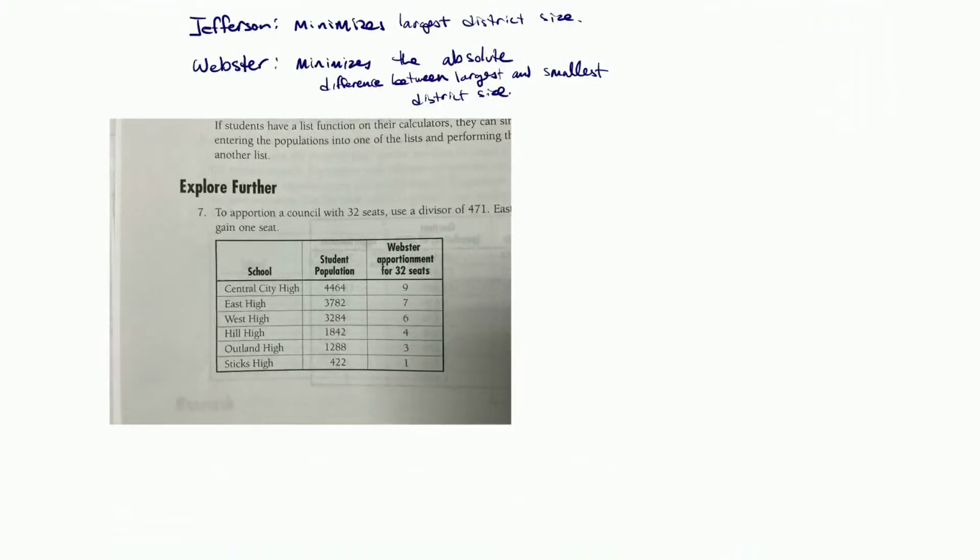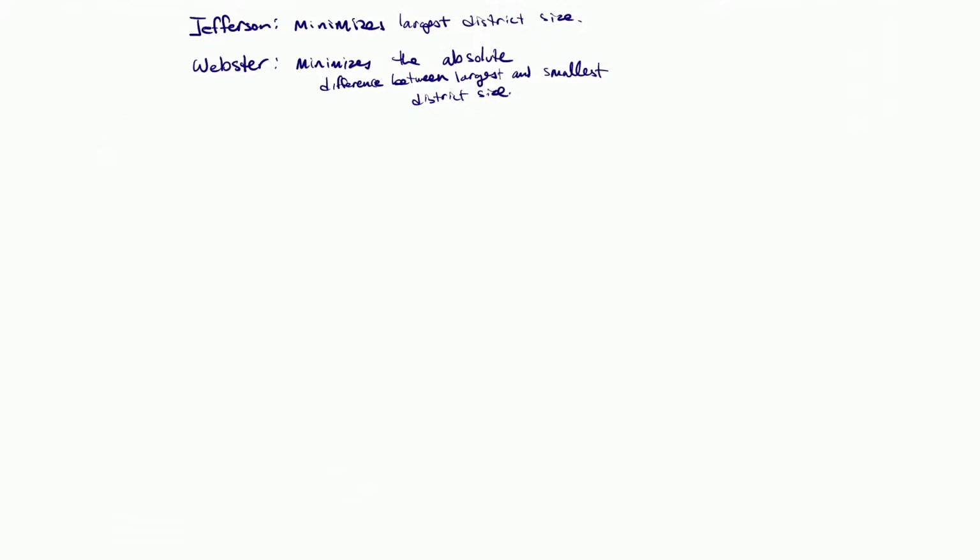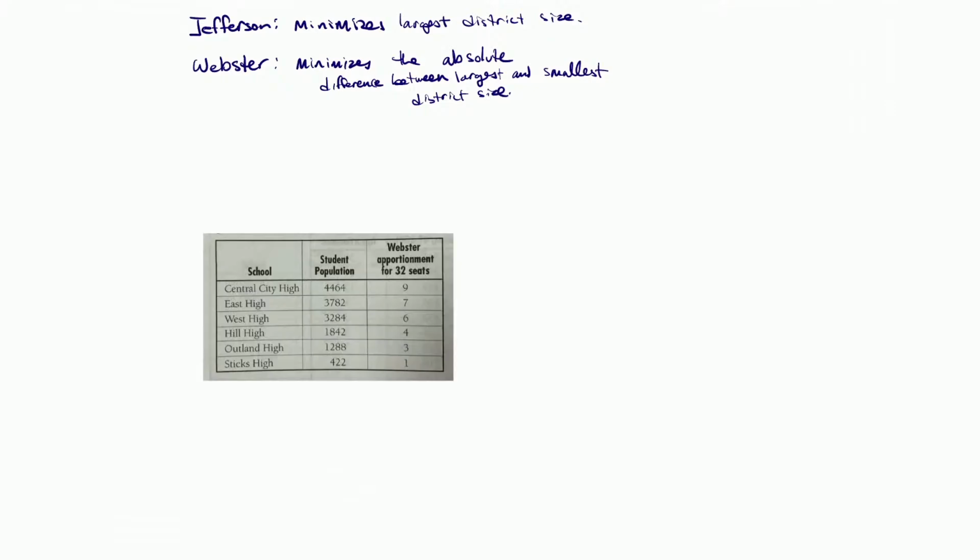This is the answer to one of the questions on page 94 using Webster's method. So here's what it means to minimize the absolute difference in district size. Here, district size is 64 over 9. This is the district size in that state.